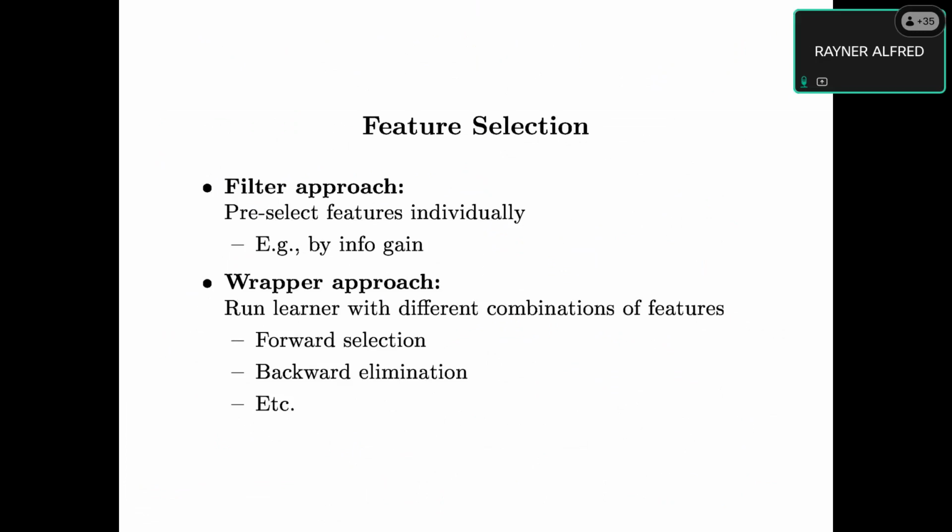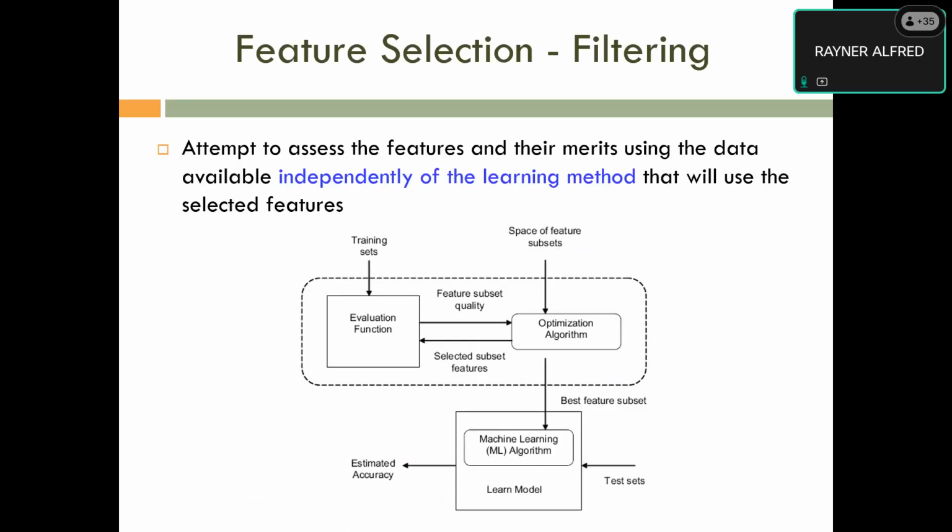How we define the filtering and the wrapper approach depends on what method we use in our feature selection. Let's take a look at the first one. Before we can perform any testing, during the training we will select a subset of features that we want to use in order to model them. An optimization algorithm will be used to select the best subset of the features.